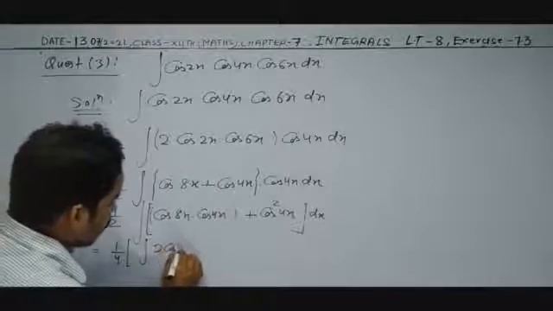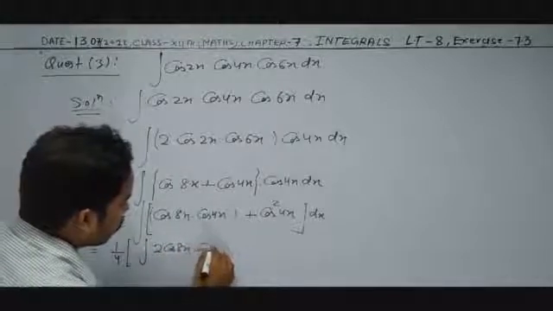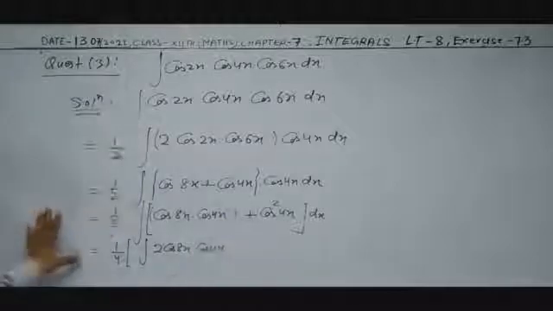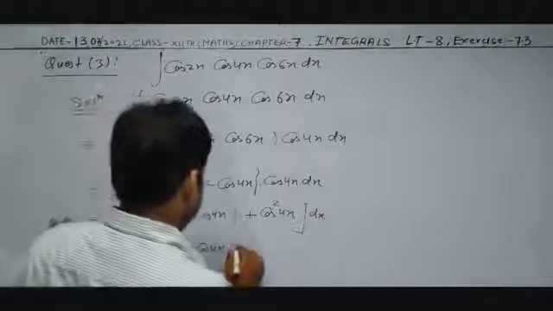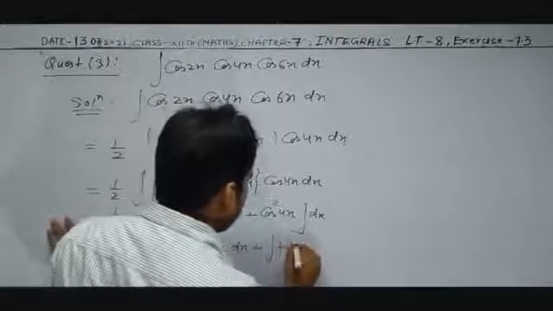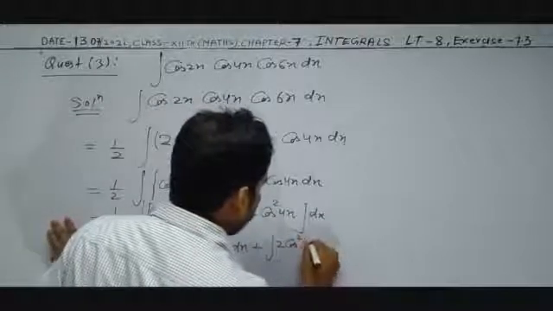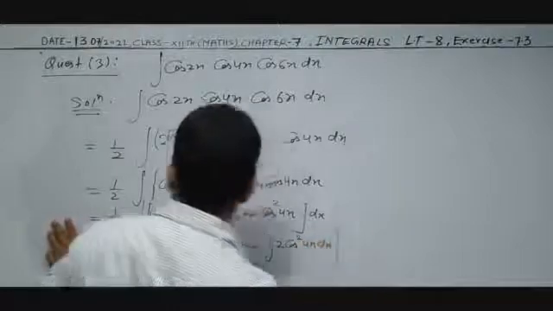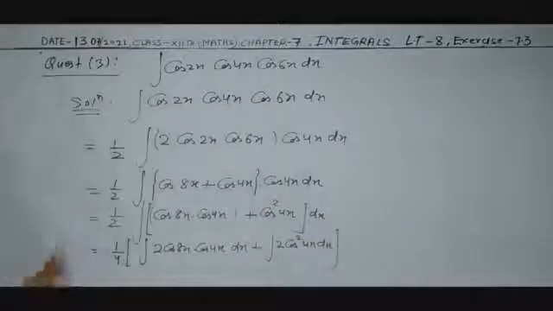So 2 times cos 8x into cos 4x dx plus integration over 2 times cos square 4x dx. Now this is the integration part.